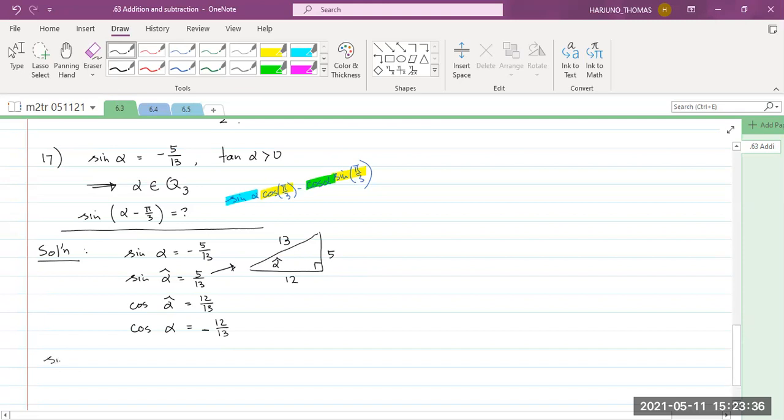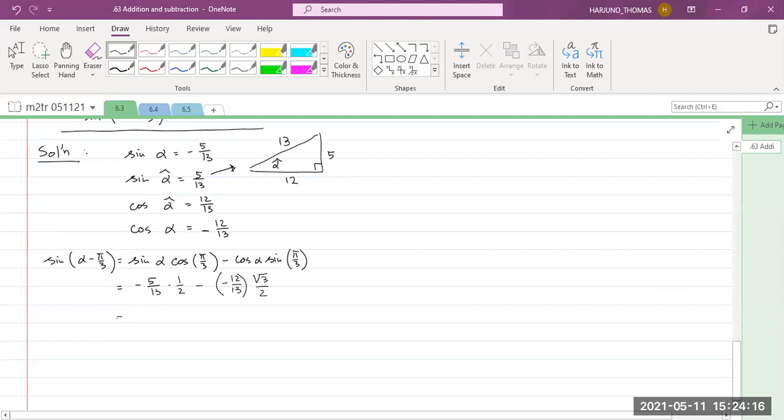What is sine of alpha minus pi/3? That is sine alpha cosine pi/3 minus cosine alpha sine pi/3. That is equal to negative 5/13 times cosine pi/3, which is 1/2, minus cosine alpha, which is negative 12/13, times sine pi/3, which is radical 3 over 2.